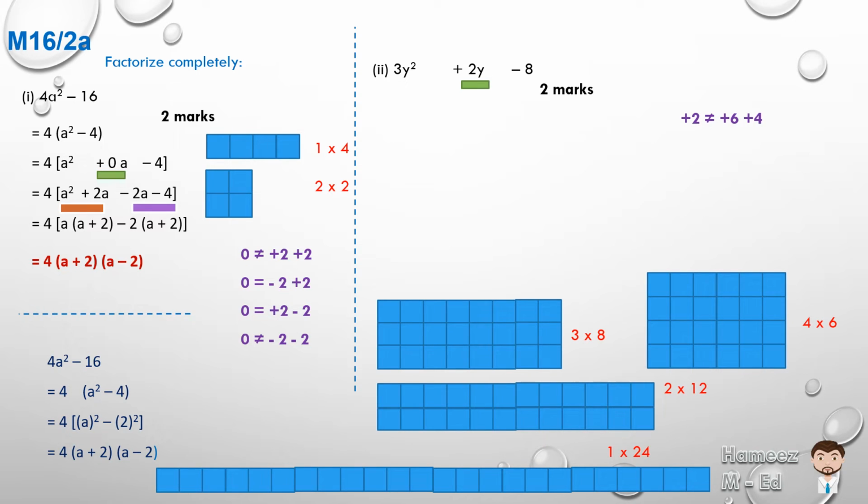Plus 2 is not equal to plus 6 plus 4. That's 10. So we're going to use 6 and 4. We're going to manipulate or adjust the signs in front of them until we get the correct one that will give us plus 2. So let's put a minus sign in front of one of them. Plus 2 is equal to plus 6 minus 4. That's 6 minus 4 is 2. Yes, so that's correct. So the second line works and we can stop here.